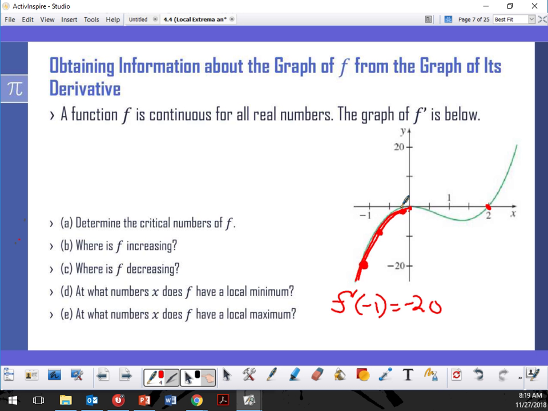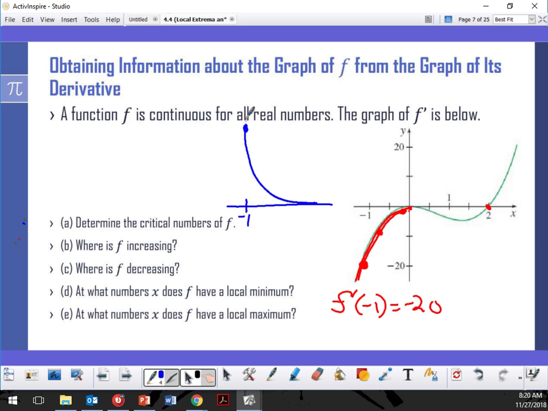Okay, so if I say the slope here is negative 20, just contemplate this. So this is the function. Right here at this moment, this would be negative 1.